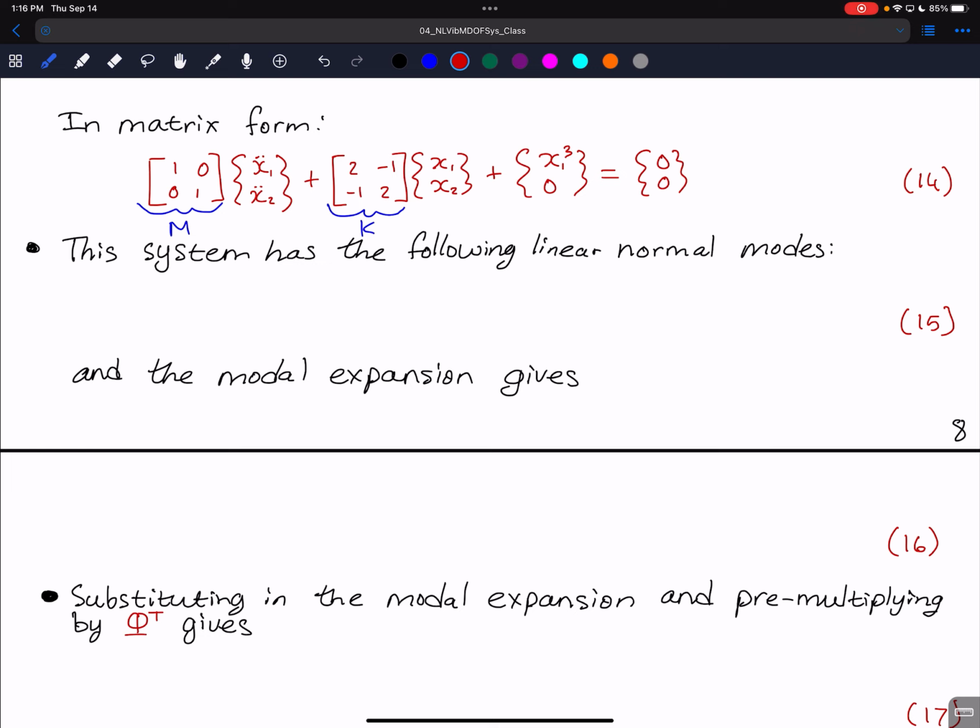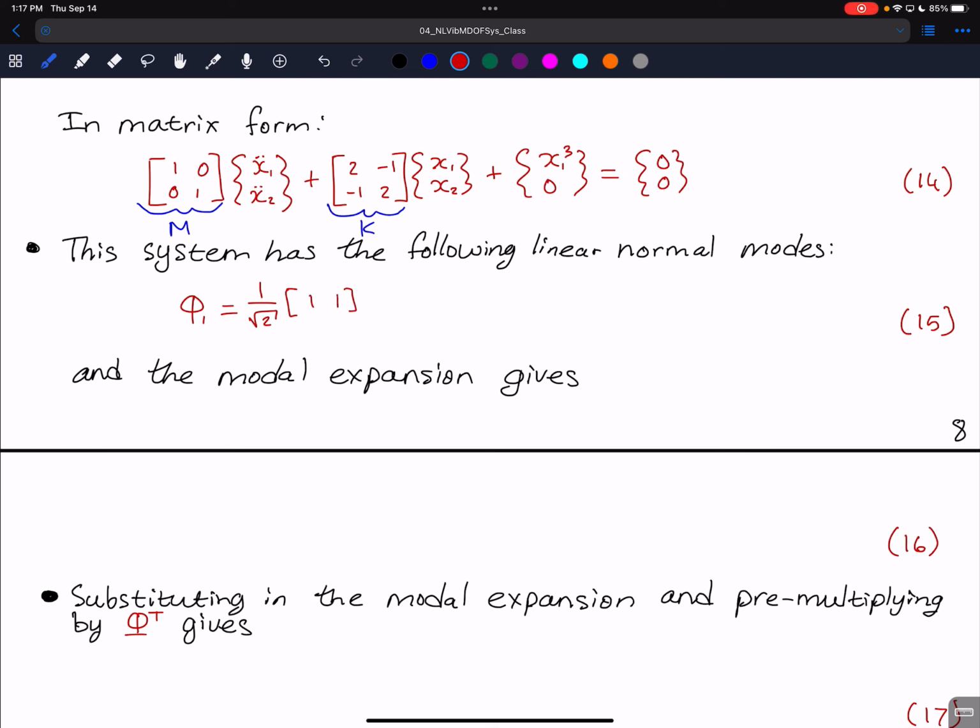Okay, so if we ignore the nonlinearity for right now and just consider the underlying linear system, if we go ahead and compute the underlying linear normal modes, what we'll find is that phi1 is equal to 1 over square root 2 times the row vector 1, 1.